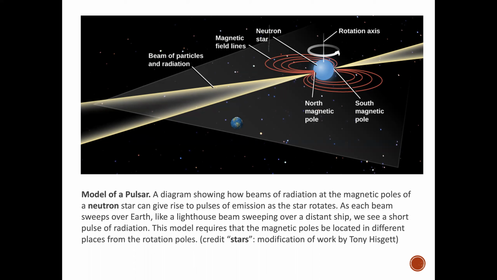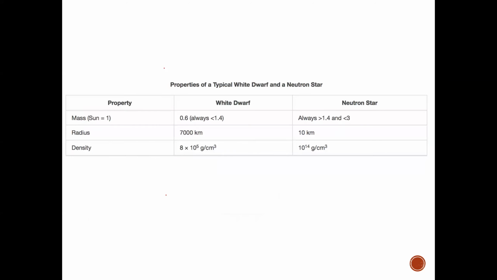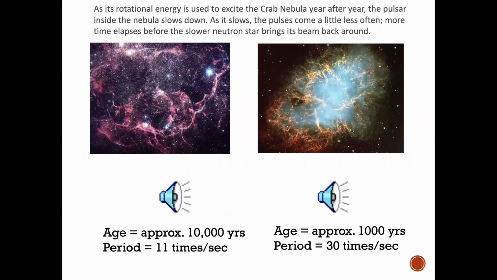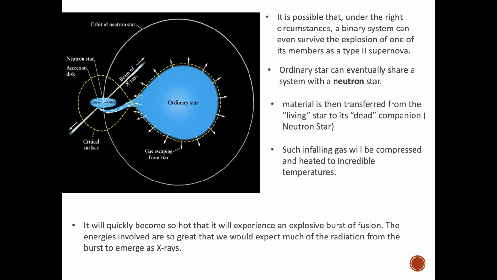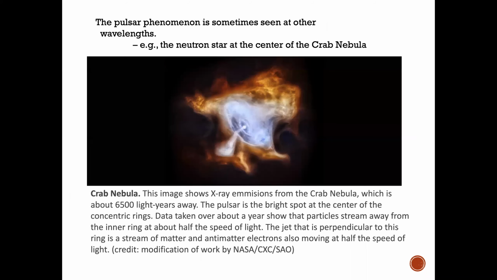So there are two different things. All neutron stars may not be pulsars, but all pulsars should be neutron stars, right? And this is where we stopped last time.